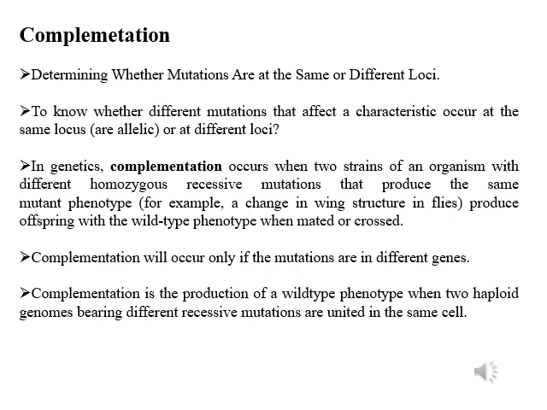So if the mutation occurs in gene X in one organism, and in gene Y in the other organism, and we cross these two organisms, the mutations can complement each other, yielding a wild type phenotype offspring. When two haploid genomes having recessive mutations unite in the same organism, they can complement each other.